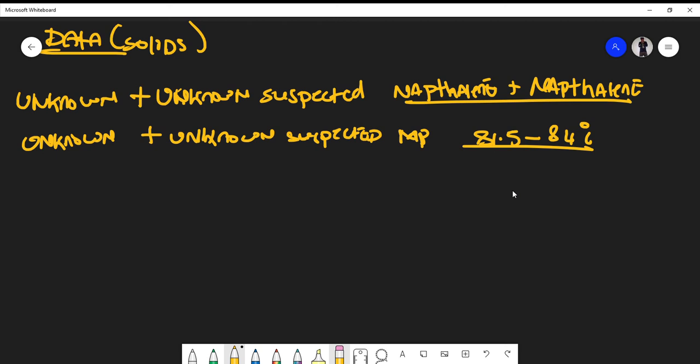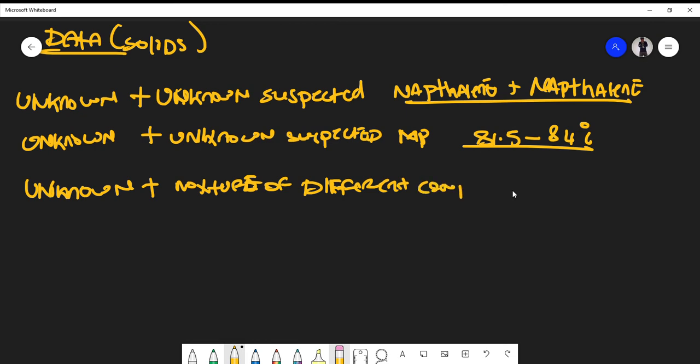And then what they'll typically ask you to do is take your unknown and mix it with a different compound. So you're going to take your unknown plus a mixture of a different compound, and you're going to take the melting point. Now, let's do the melting point in the next section.